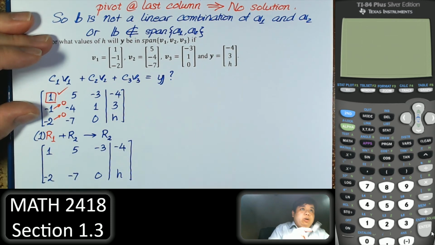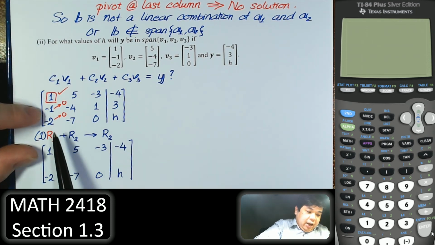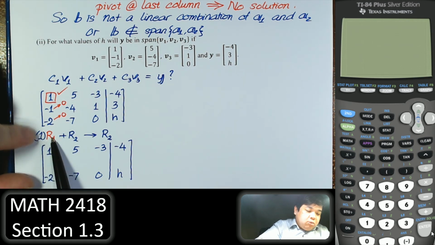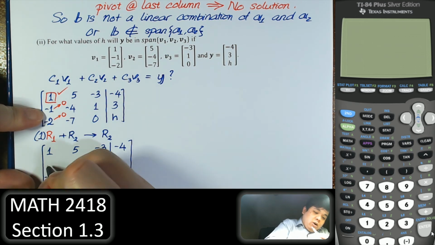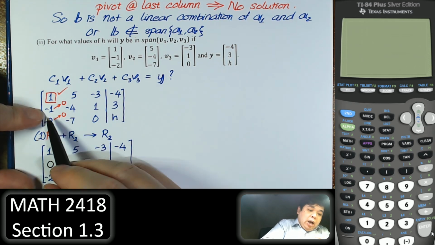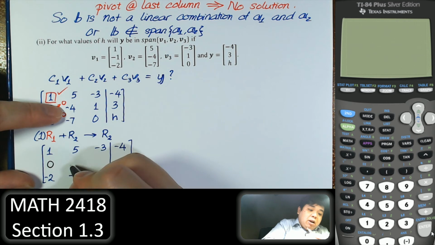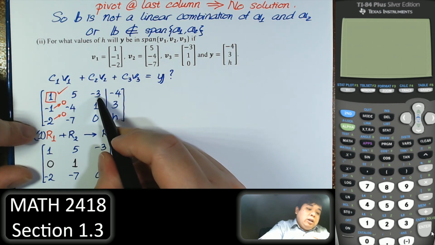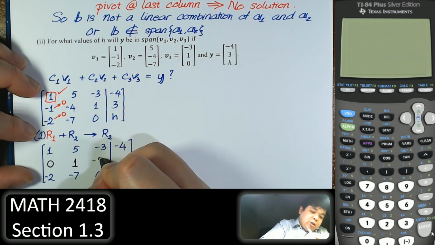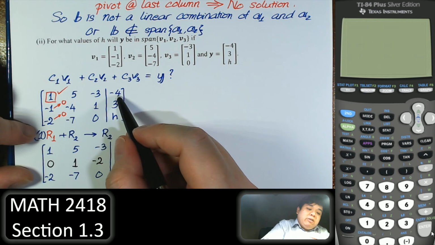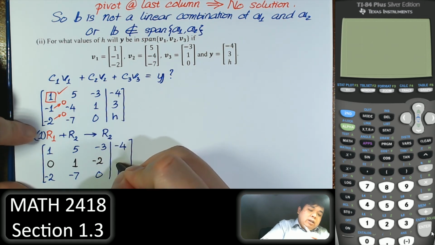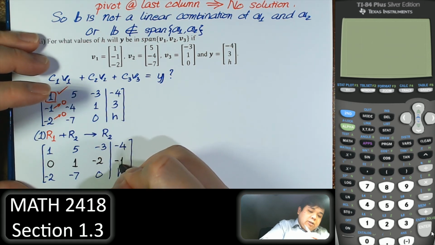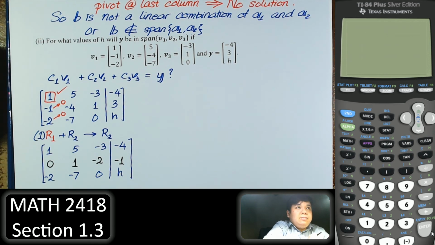Now row 2 will change. 1 times row 1: 1 times 1 is 1, plus -1 is 0. 1 times 5 is 5, minus 4. 1 times -3 is -3, plus 1 is -2. 1 times -4 and 3.